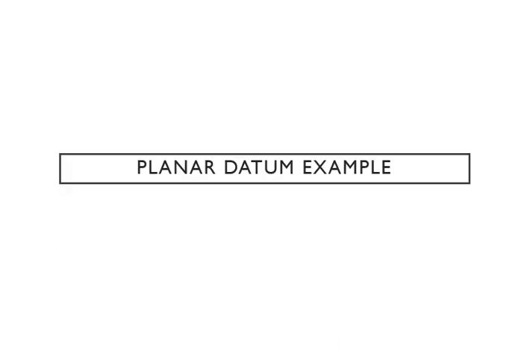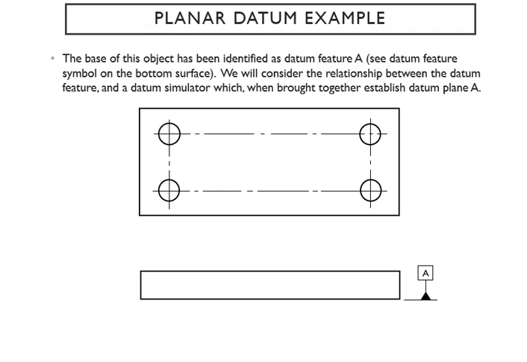Then we're going to get into the very first one, your planar datum. Here we have an object, and there's a base of that object. Look at this base, and that is your datum feature, and I give it a letter A. When you see this, you know that you're dealing with a datum.